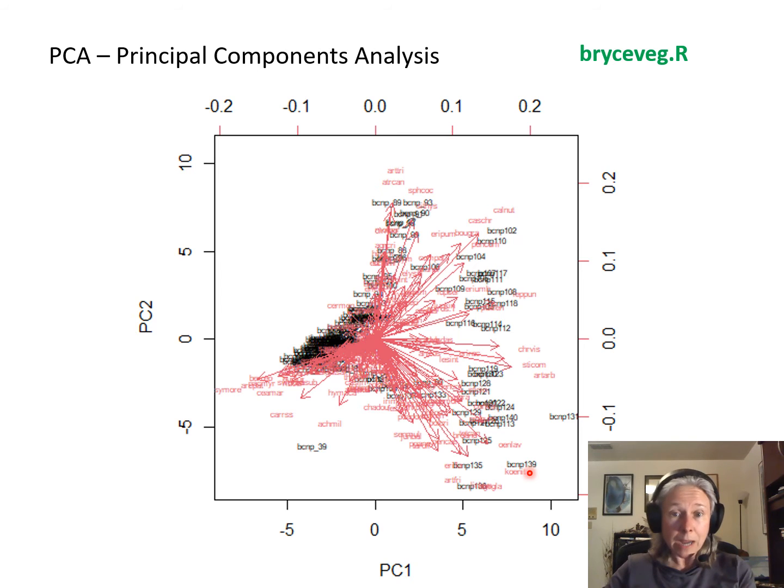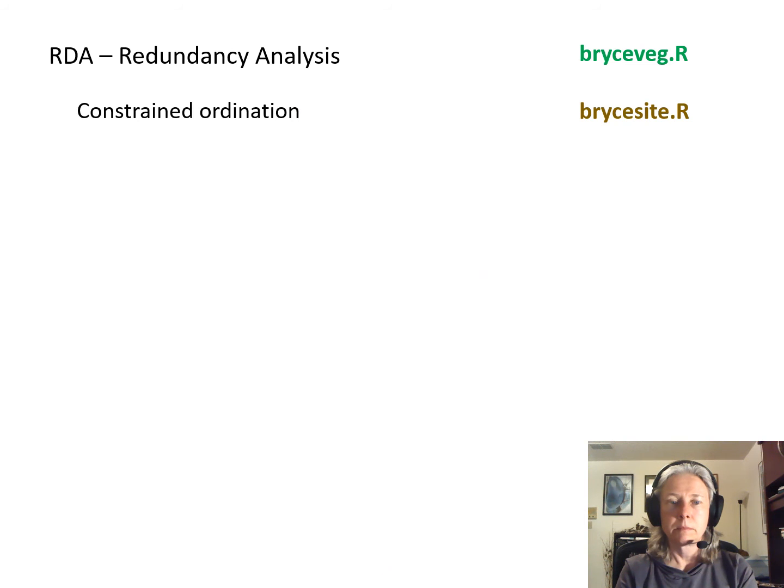So in Bryce Canyon, the sites varied in elevation, in slope, in aspect, in soil depth, and in other environmental factors. To examine how these environmental factors could possibly explain these patterns here, then you need to do a constrained ordination, like RDA, redundancy analysis.